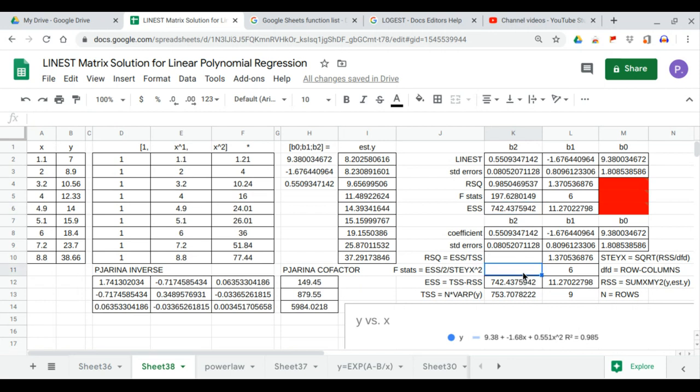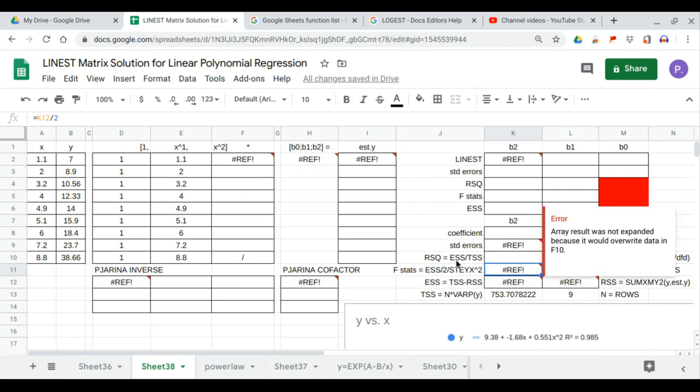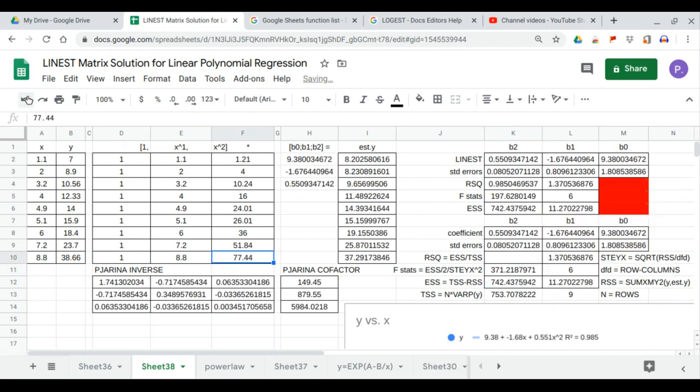Next, we calculate the F statistic, which is equal to the regression sum of squares divided by 2, because there are 2 independent variables, divided by the standard error of y squared.